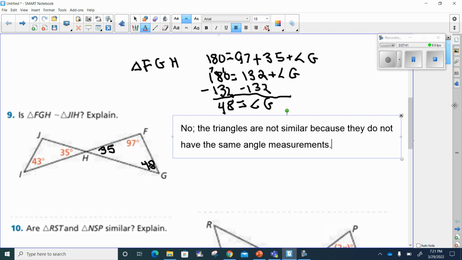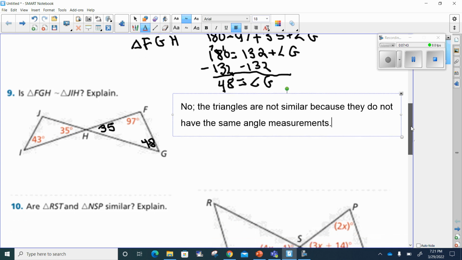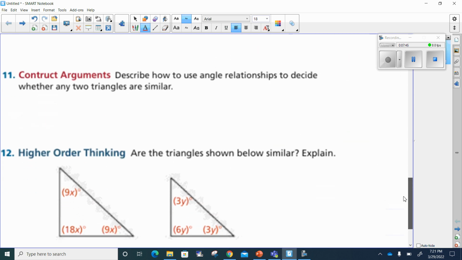Okay, let's go on with number 11 now. It says, describe how to use angle relationships to decide whether two triangles are similar. So we need to use angle relationships to show that they are similar.